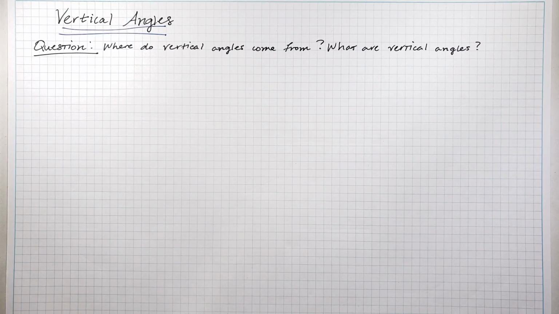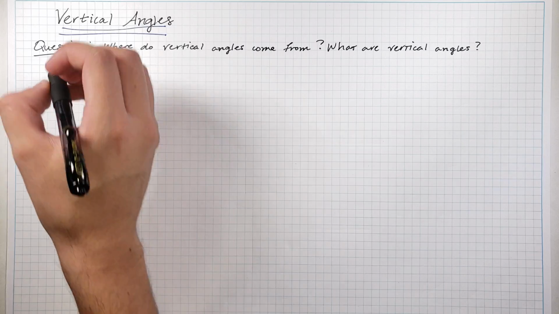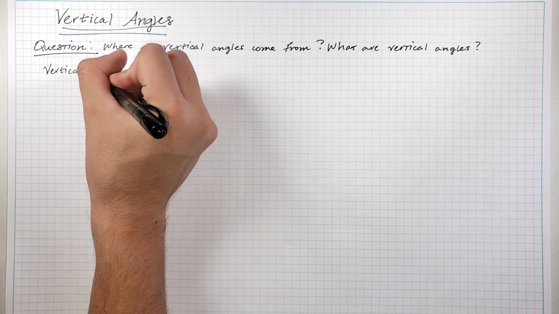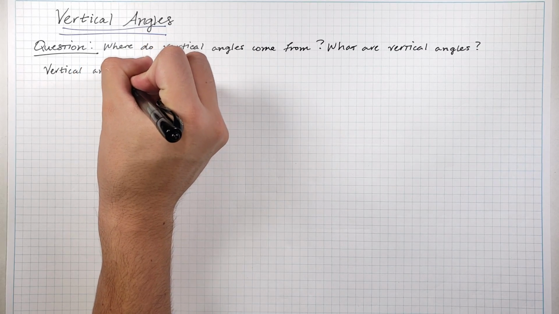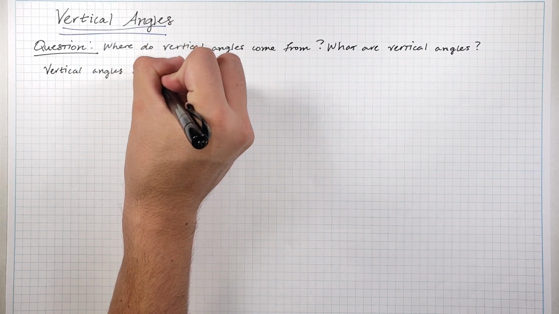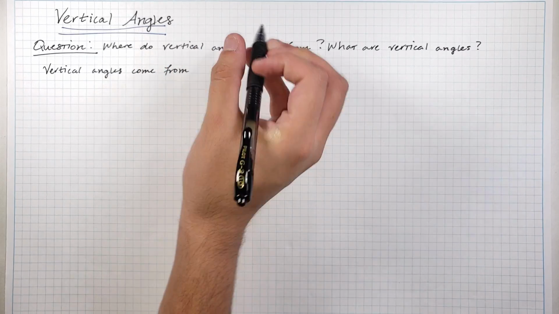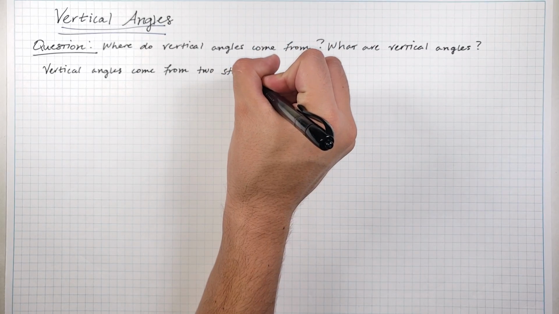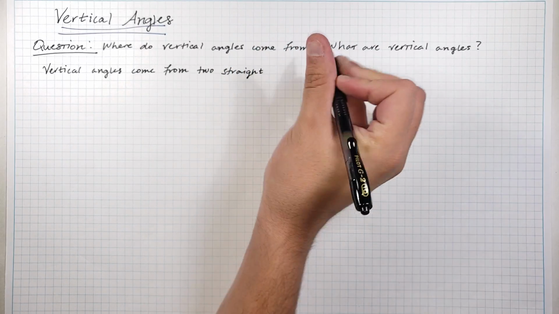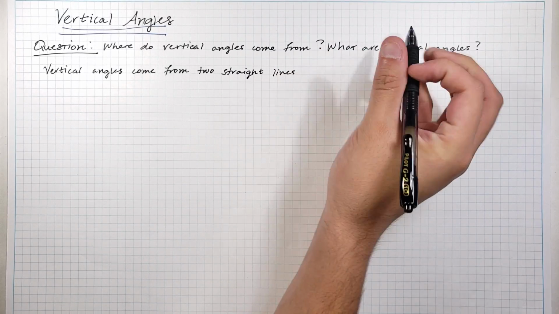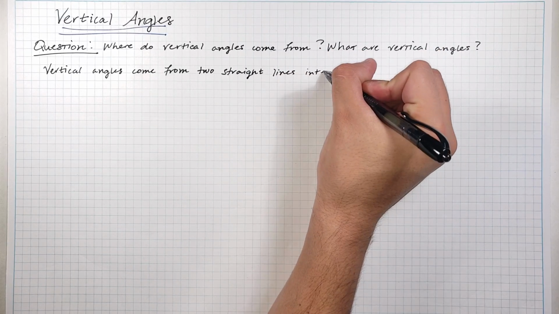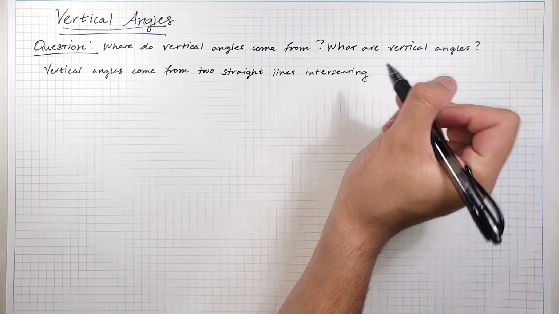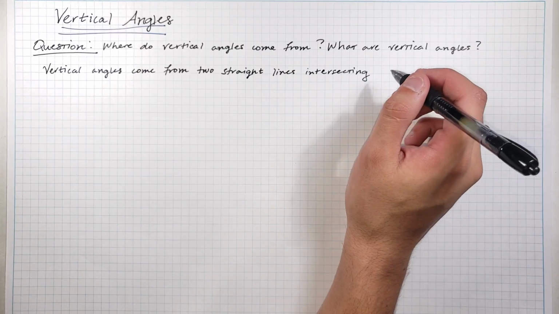Alright, so what we can do here is this. We'll say vertical angles come from two straight lines intersecting.